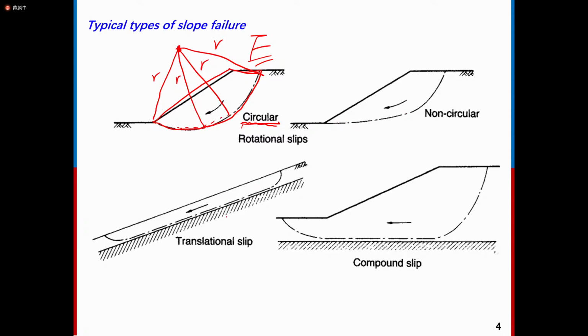And the third one is called the translational slip, or plane translational slip. This condition is quite common in Hong Kong, because in Hong Kong the bedrock, or some stiff rock material, is very shallow.